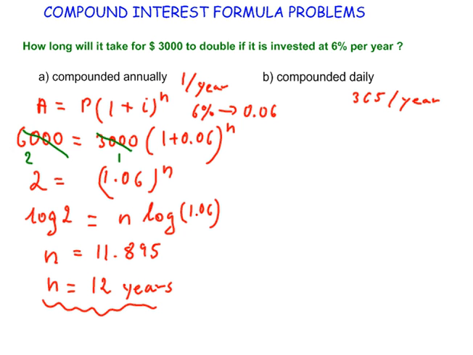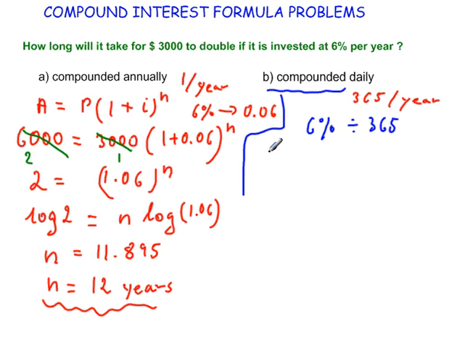Now, interest rate compounded daily. So this is part B that we have to work with. There are 365 days in 1 year. So the interest rate, 6%, has to be divided by 365.